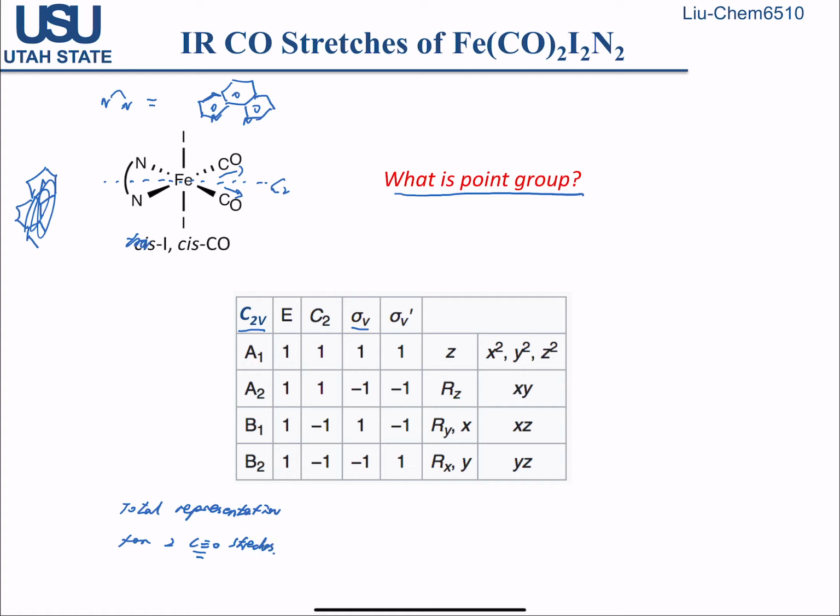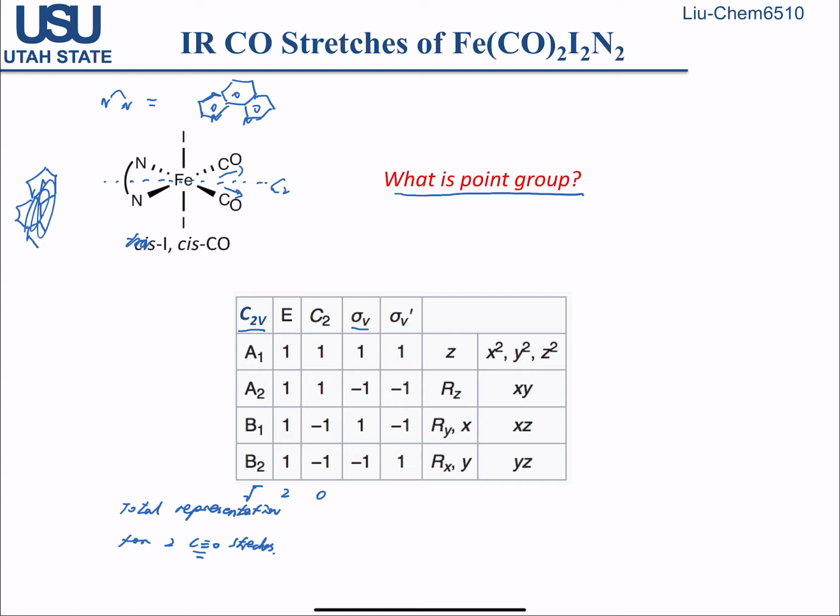All right, so if you look here, for E, the two CO don't move, so we get 2. But for C2, when you rotate it with C2, each CO moves to the other's place, so we get 0, right?